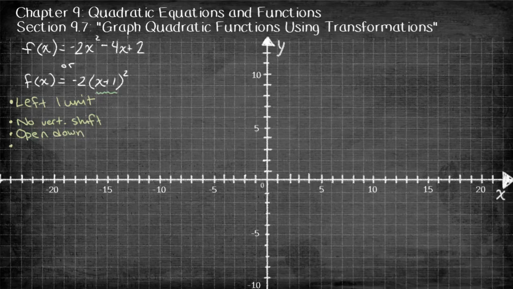And it's going to be narrowed, because 2 is greater than 1. All right, I shift it left 1 unit, so that means my vertex is going to be, instead of 0, 0, at negative 1, 0. And it's going to be opening downwards.